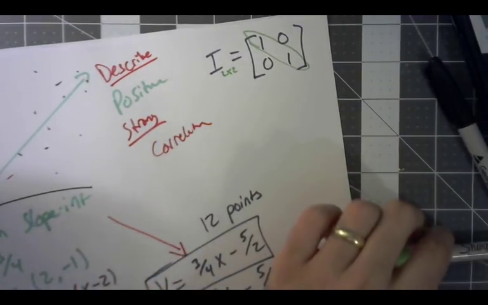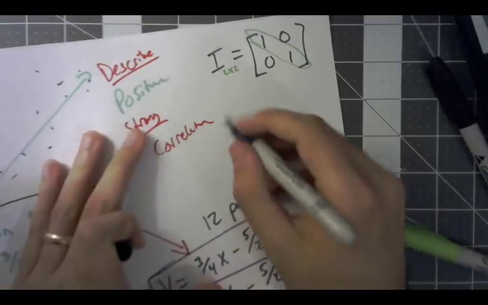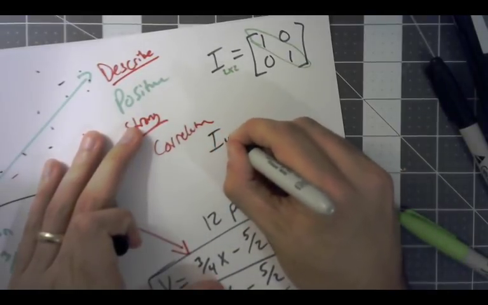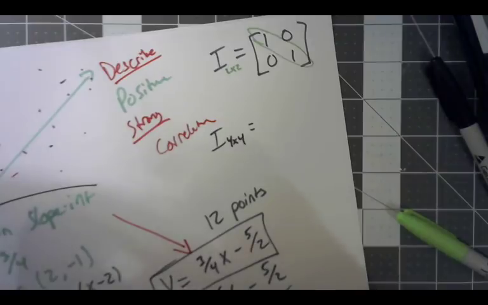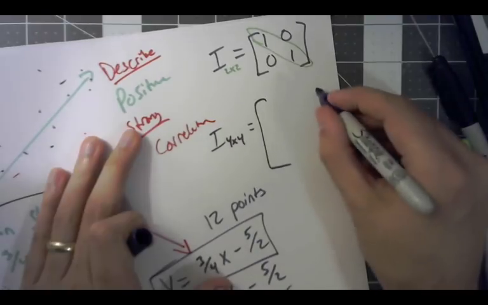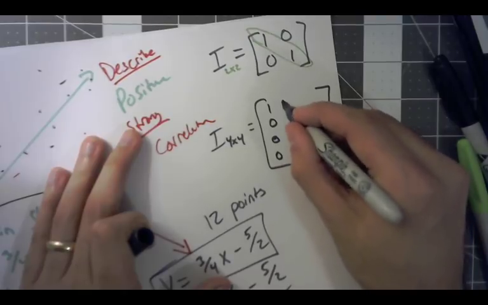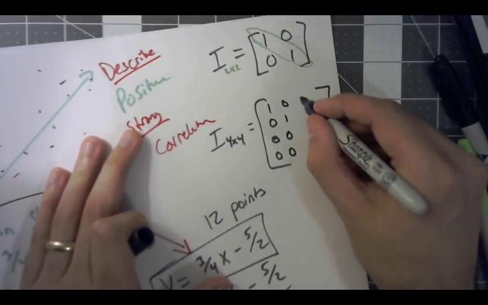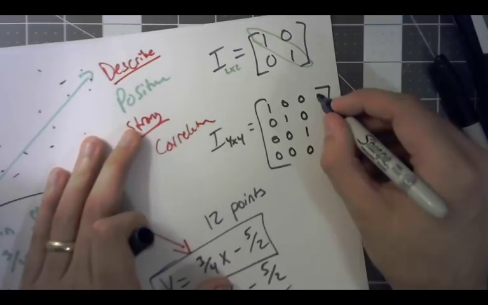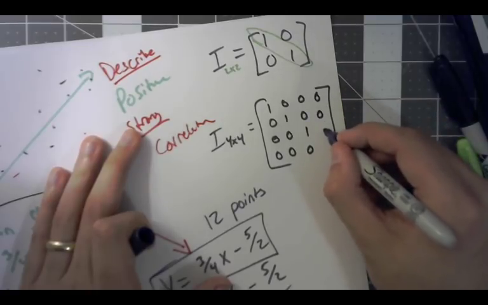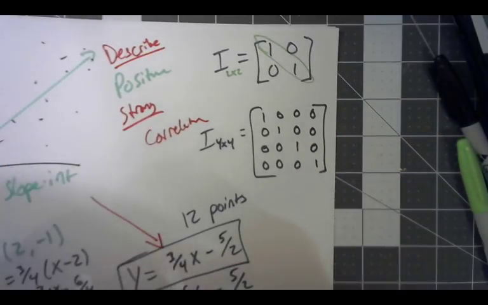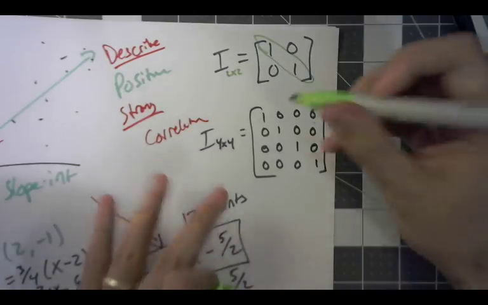If I wanted even something bigger, like a 4 by 4, I have 1, 0, 0, 0, 0, 1, 0. So the only rule that you'll need to remember when dealing with identity matrices is that they have 1s going down this diagonal.